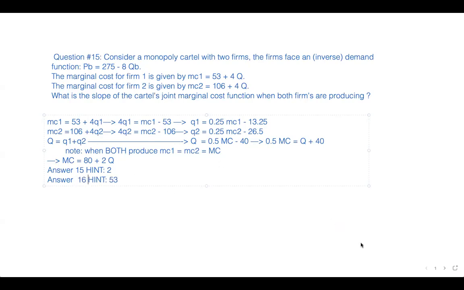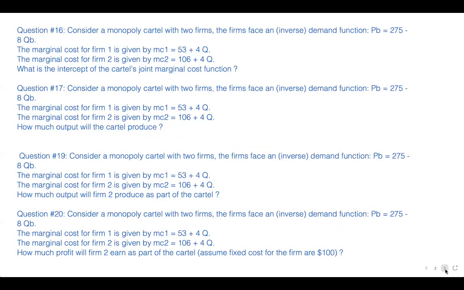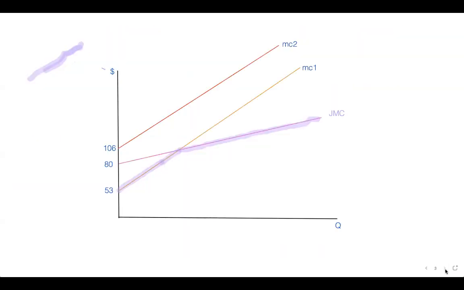Okay, it is 53. You see why? So Brian was right. Good job, Brian. But you see why, Scott? Because it's going to follow MC1 first.